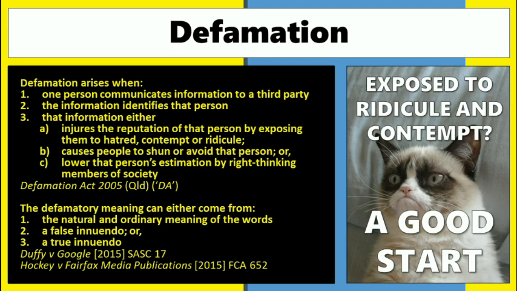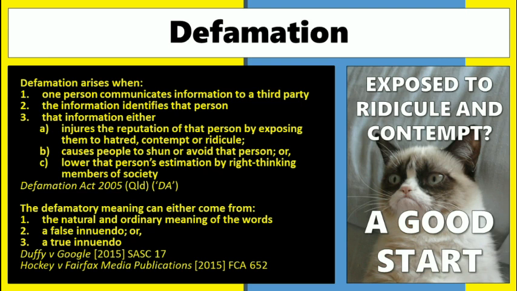And the key part here is that there's three elements. The first is that there must be the communication of information. Secondly, there has to be identification of the person who's being defamed. And thirdly, the information has to actually defame them. And again, there's three ways that can be. They can either just injure their reputation, and the courts of common law always use the phrase exposing them to hatred, contempt, or ridicule.